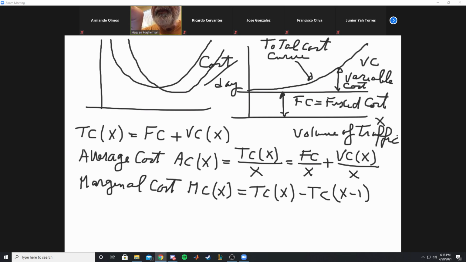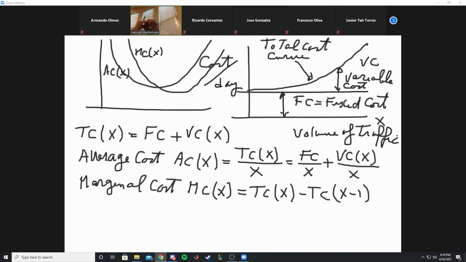So this is your average cost, and this is your marginal cost. Why? If marginal cost goes down, it pulls the average cost down.